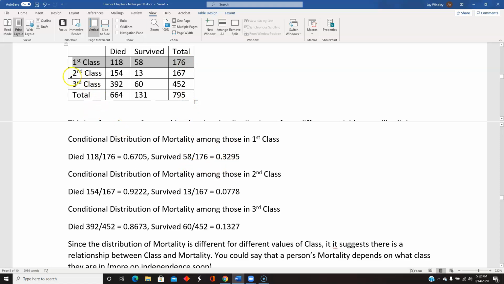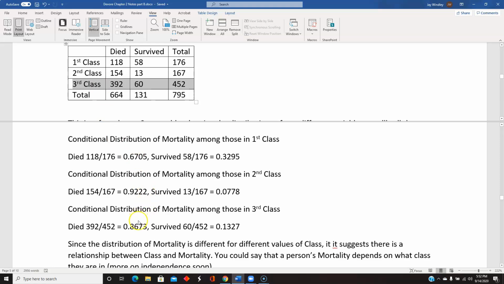We can do the conditional distribution of mortality if we just look at died and survived among the second class passengers. And we could look at the distribution of mortality, died and survived, just among the third class passengers.